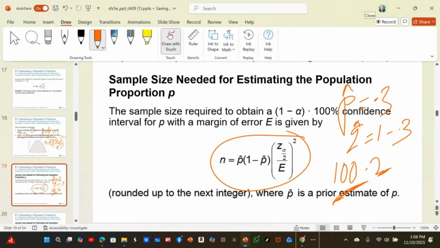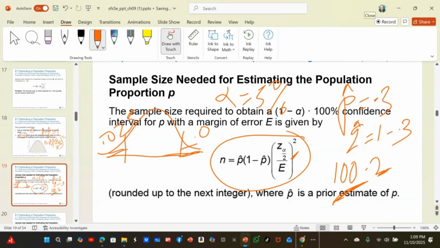If you're told that alpha is 5%, you must divide alpha by 2. So that's what the formula says. For example, if alpha is 5%, therefore the tail here is 2.5% or 0.025, and this is 0.025.